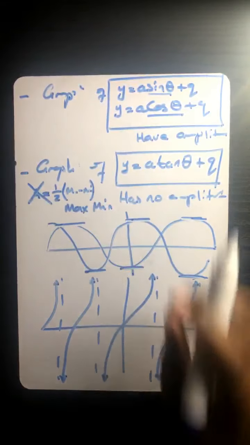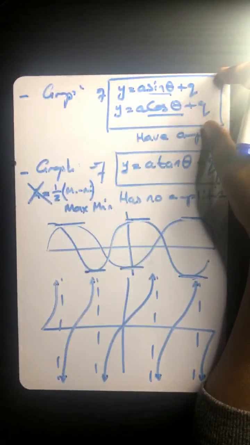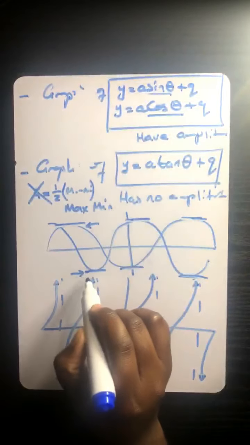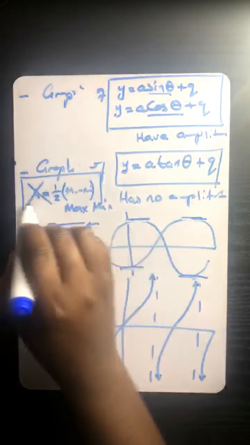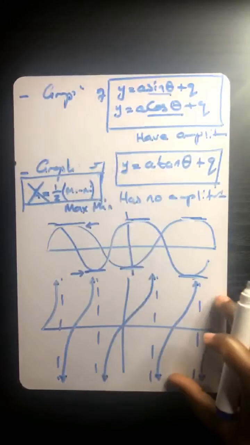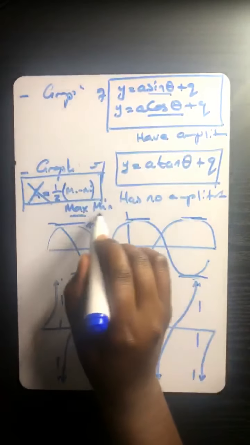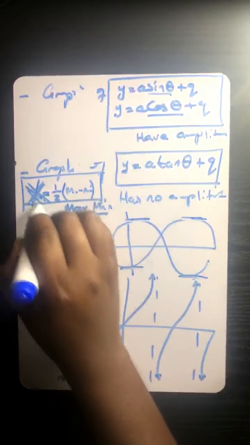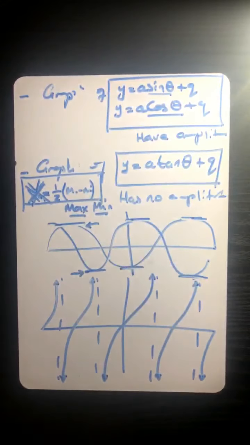That is why we say for these two graphs, we do have amplitude because they have the maximum and the minimum value, meaning we can use the formula to calculate. But for this one, there is no maximum, no minimum. Therefore, no amplitude can be calculated. I'm not sure. Are you guys happy there?